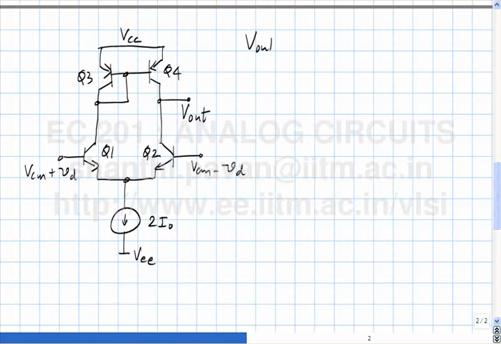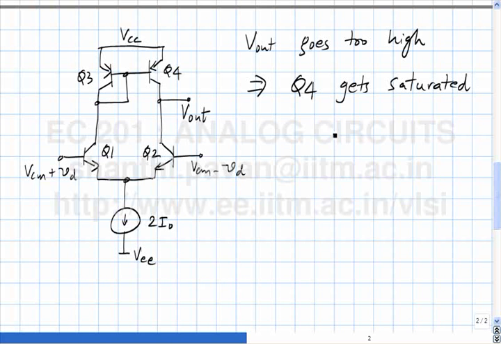So if V out goes too high, it will push Q4 to get saturated. How high can V out go? V out maximum is VCC minus VCE sat, which is 0.65 volts.